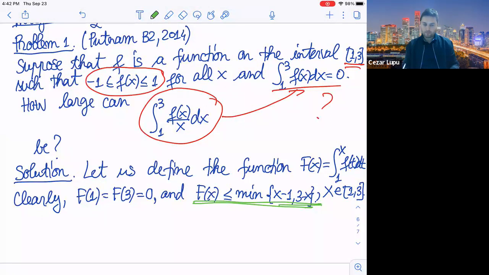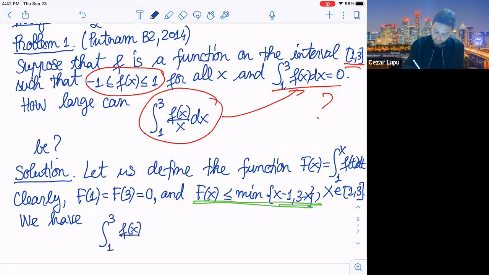All right, so now what we can do is we would like to express this integral that we want to maximize. We have the integral from 1 to 3 of f(x)/x dx, and we would like to integrate by parts.